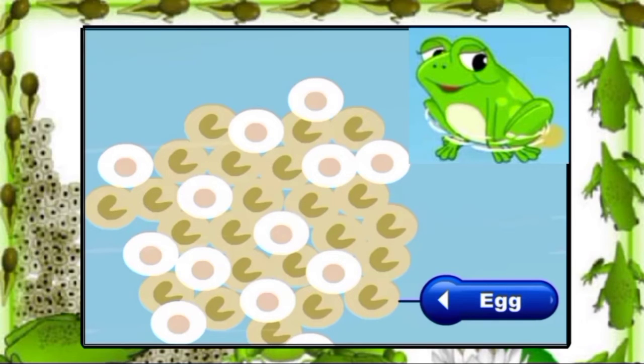While the eggs are usually laid in or near water, a few frogs in the rainforest lay their eggs in the tree, so the embryos will drop into the water as they hatch. After the mother lays her clumps of eggs, gradually they are fertilized.